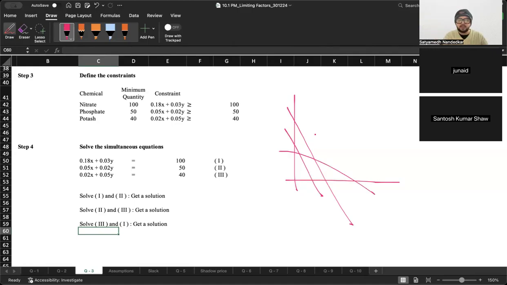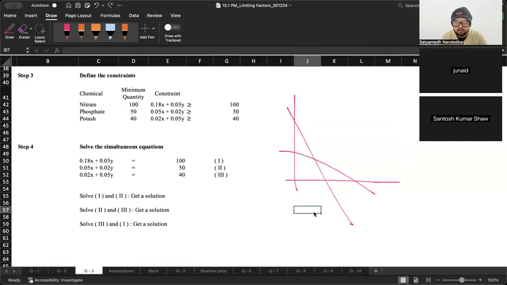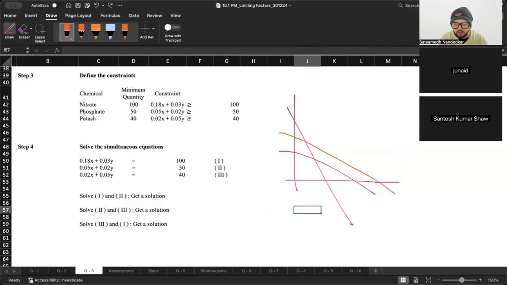Now that it is greater than, because now it is a greater than constraint, what will happen is, in a greater than constraint, you either go up or you go right. So your feasible region will not be a closed feasible region. It will be an open feasible region.